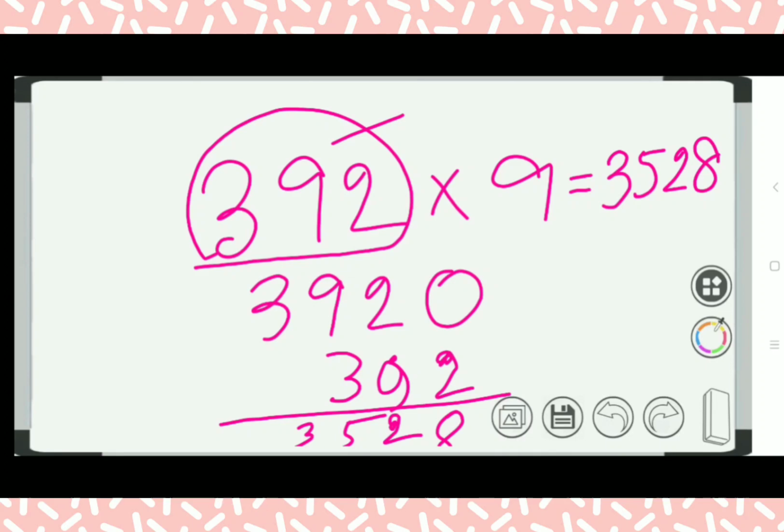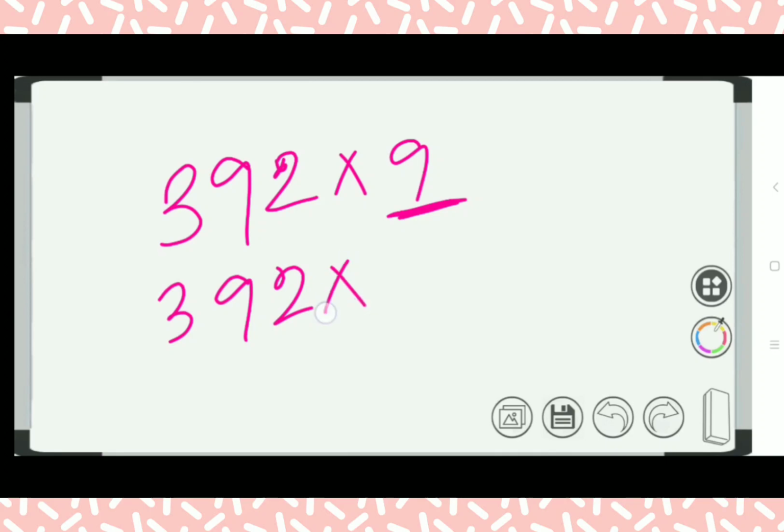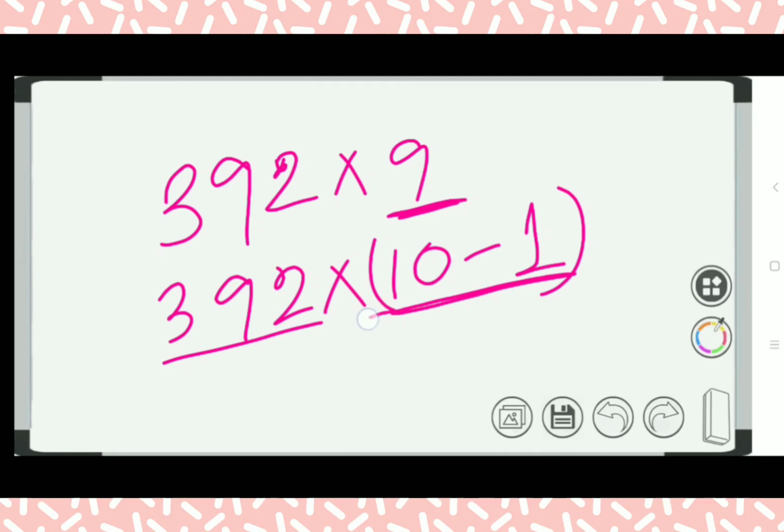And what is the procedure of doing this? See, here we are multiplying, suppose 392 into 9. Okay, see, this 9 can be written as in this way: 392 into 10 minus 1. Here you can see we can use the distributive property, isn't it?